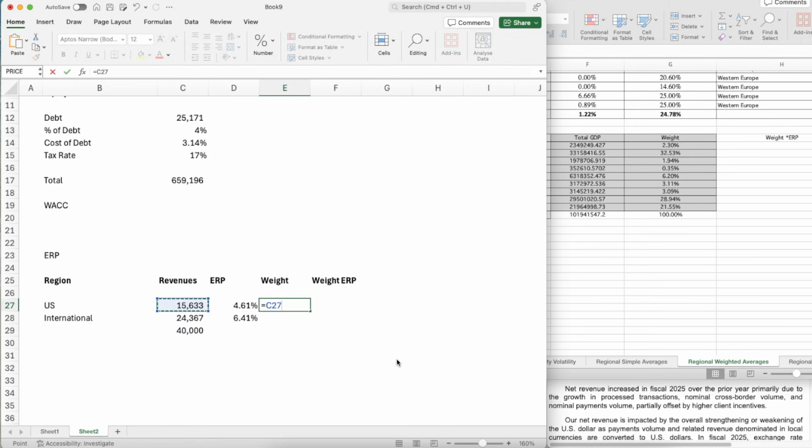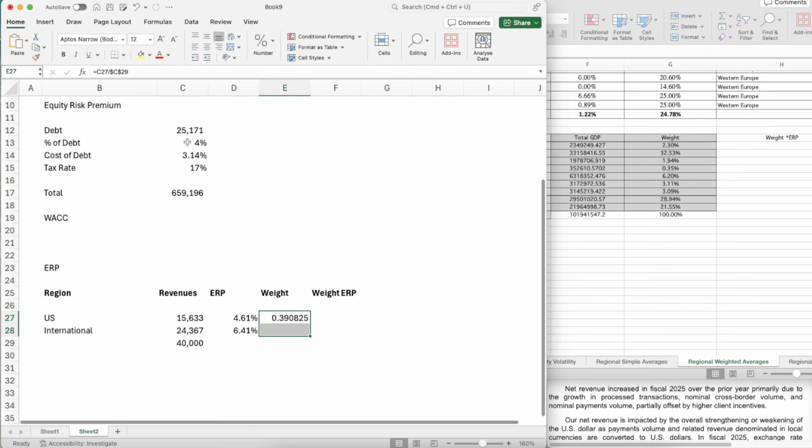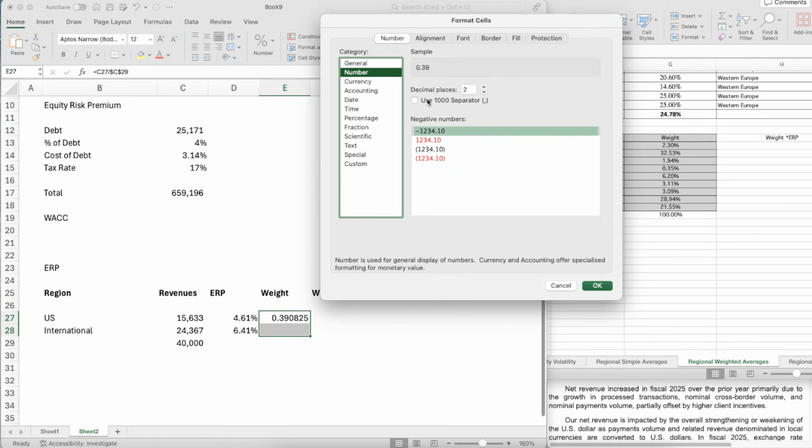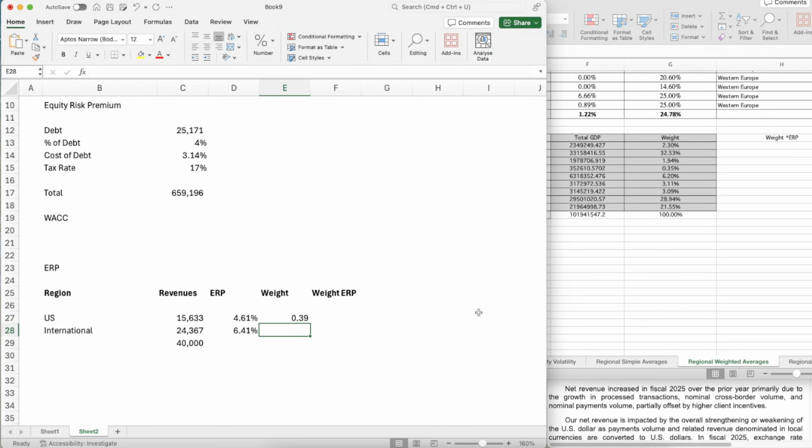You take your 15 divided by your 40. Lock the 40 billion in, because we're going to use it again when we copy this down. There we go.